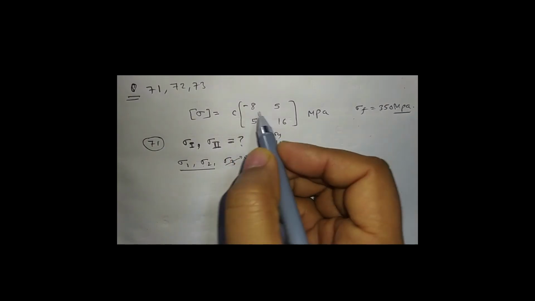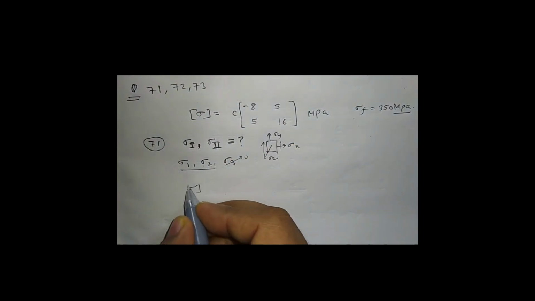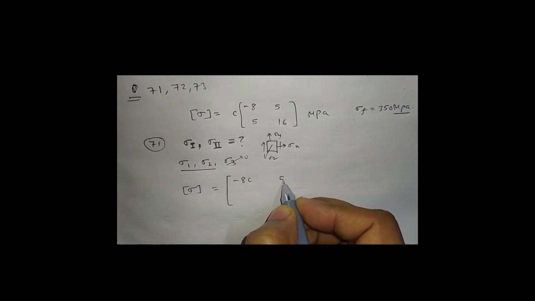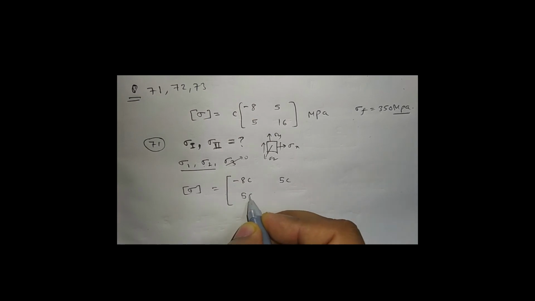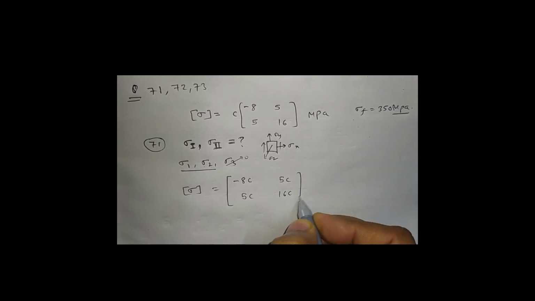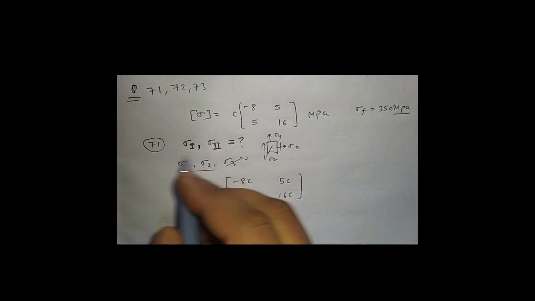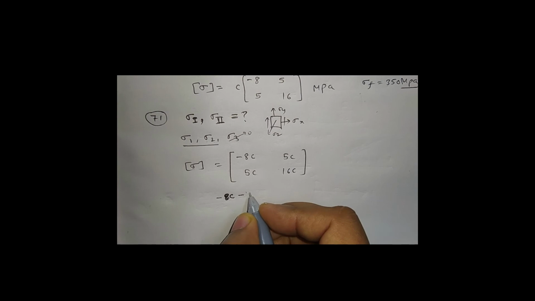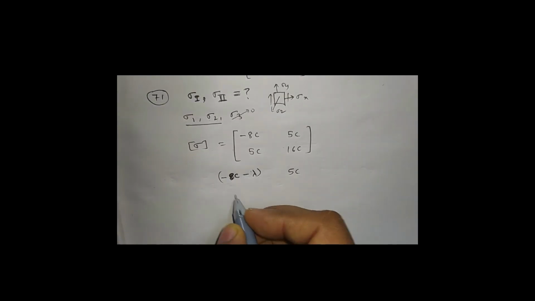Now in the question, the state of stress is given as -8c, 5c, 5c, 16c. In order to find the principal stresses, as we know, we solve the characteristic equation, with the matrix having entries -8c minus lambda, 5c, 5c, 16c minus lambda.